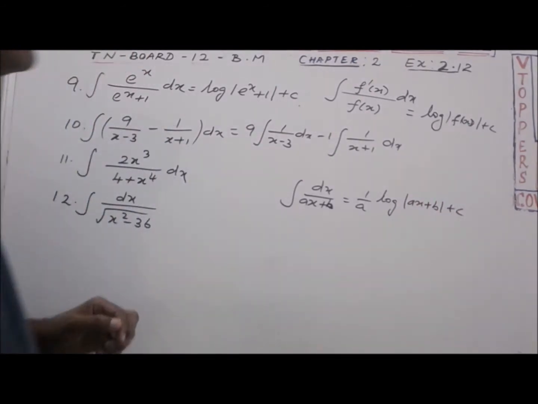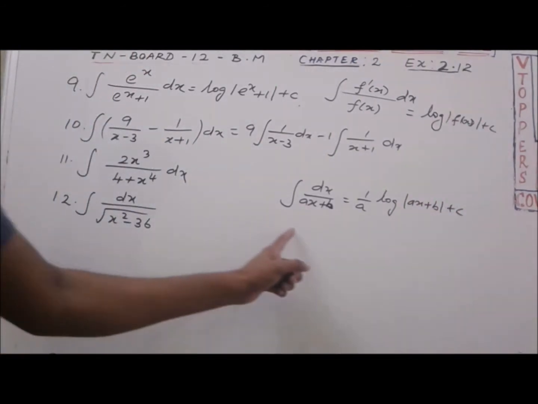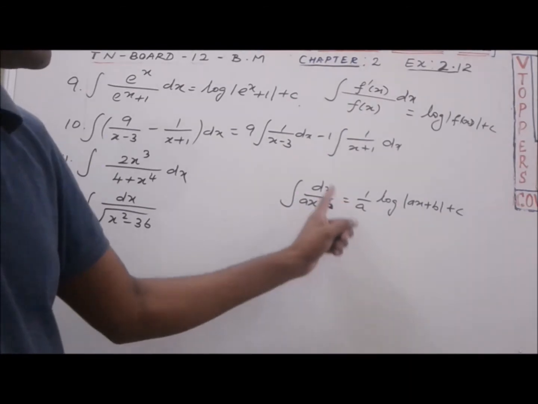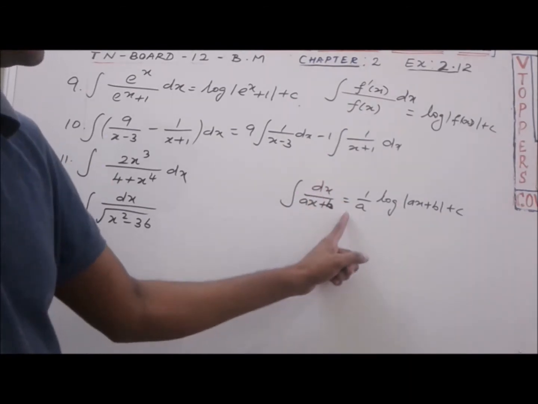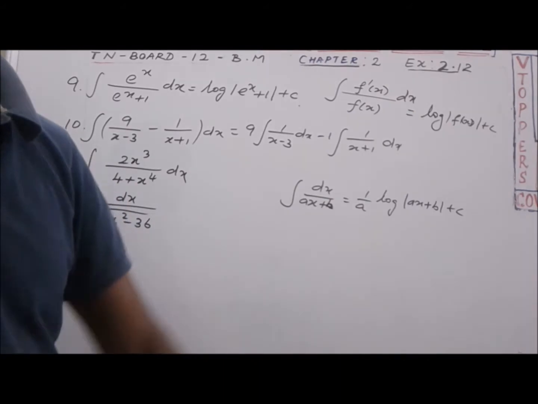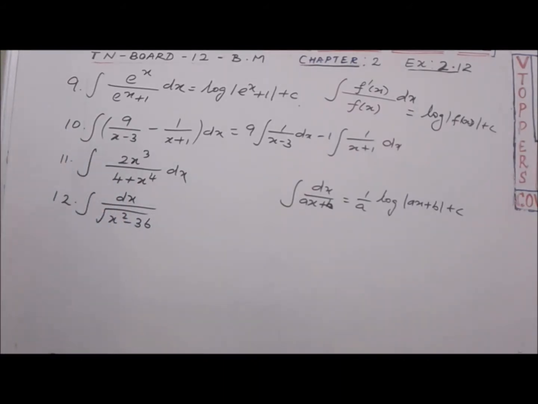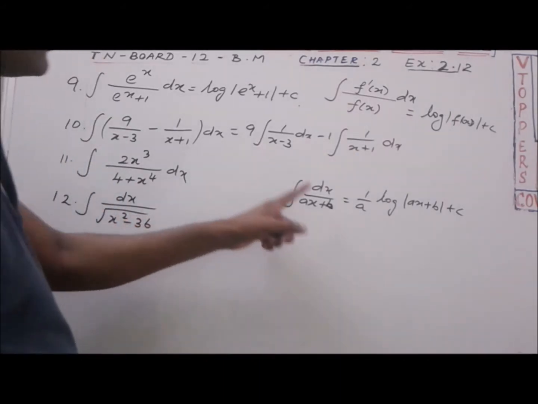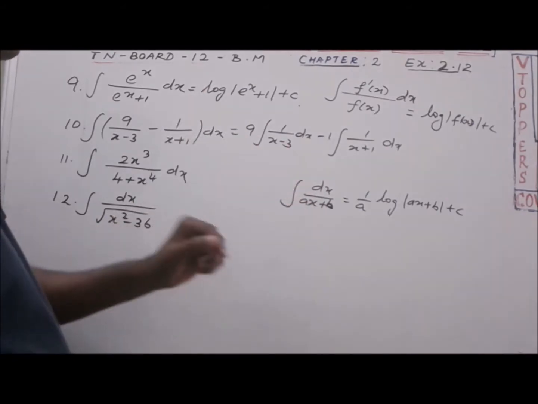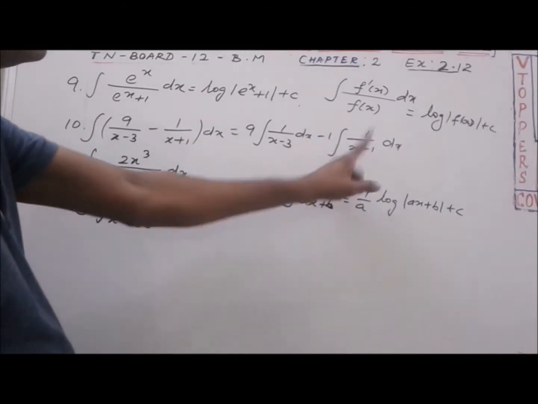We have the formula: integral 1 by ax plus b dx is equal to 1 by a log of modulus of ax plus b plus c. Here a is 1 and b is minus 3. Here a is 1, b is 1.